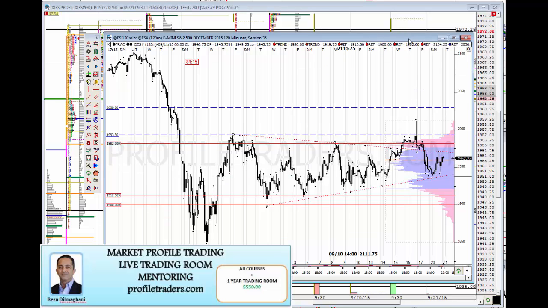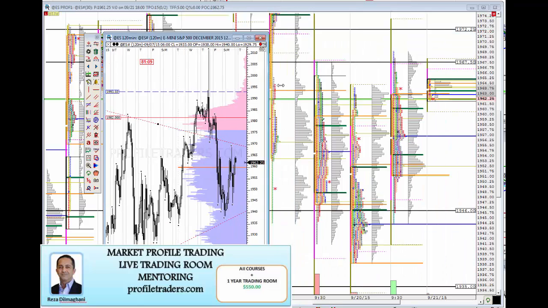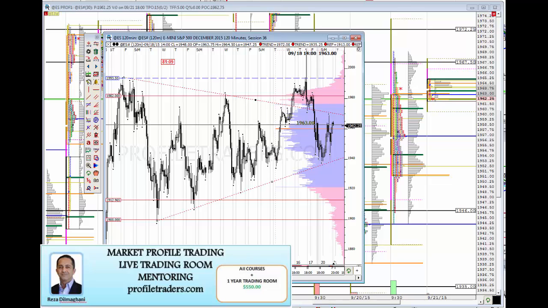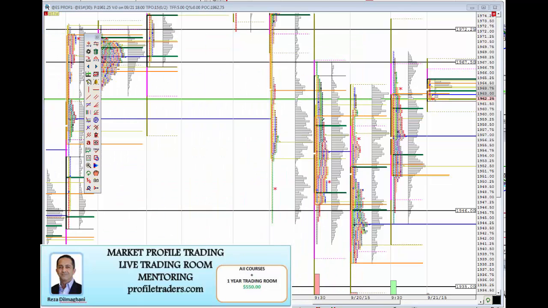But now we're gonna reach a very critical point, because we will either go from here for a retest of those highs, or we are going to come down this time, break 1930, and then from that point on go towards a retest of this 1900 to 1910 area. Therefore, something very big is going to happen here.